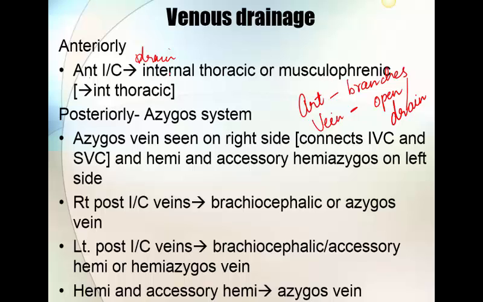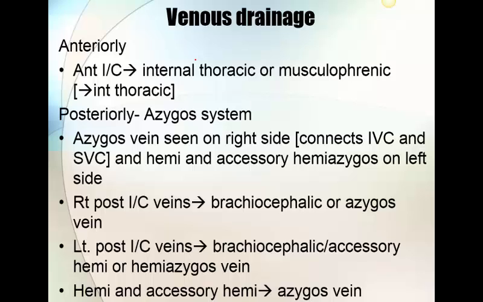Or I can say, if I ask you what are the tributaries, direct tributaries, another word we use for veins is tributaries. So what are the tributaries of the internal thoracic vein? You would say it is the anterior intercostal and musculophrenic, because this drains into this and this also drains into this. So those are the terms we use for arteries and veins.